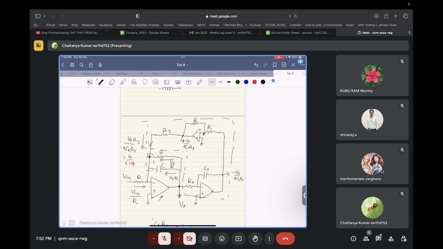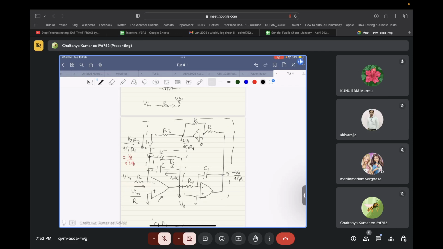Okay, so basically what happens is that we assume that if we give some input to a resistance of value R, the current will flow as Vin by R. If you put a resistance across a bunch of electrons, the electrons start moving in one particular direction and you get that current.